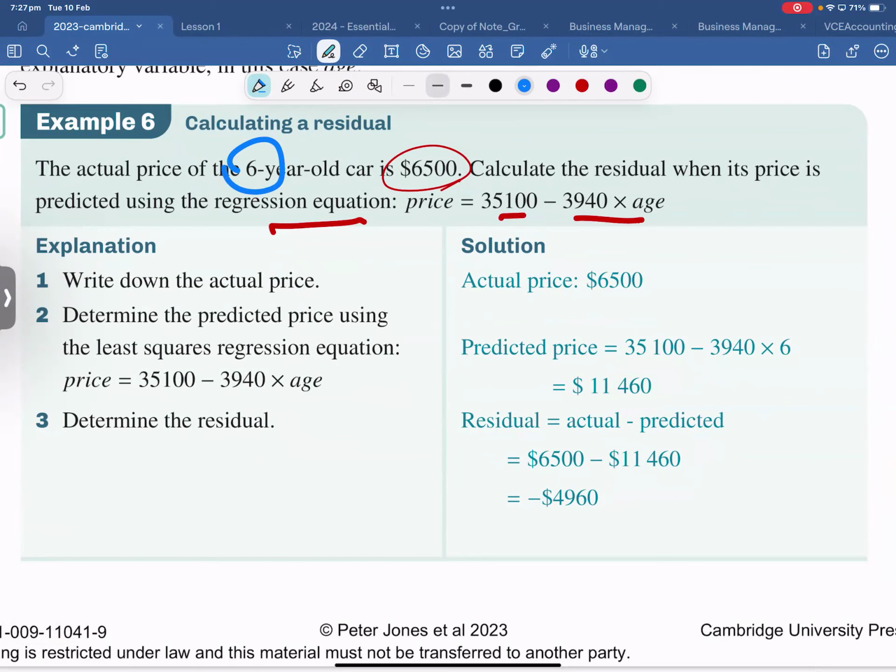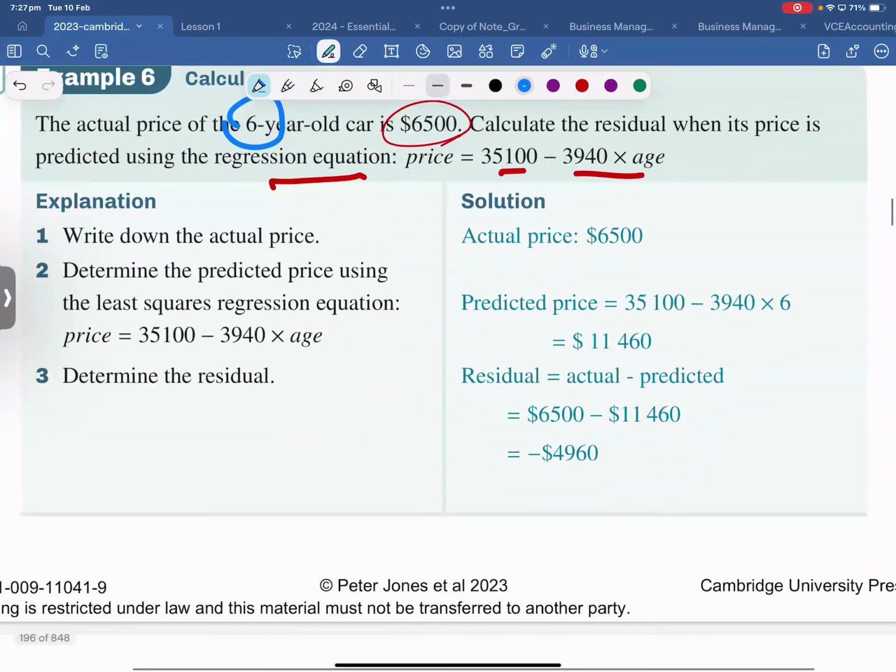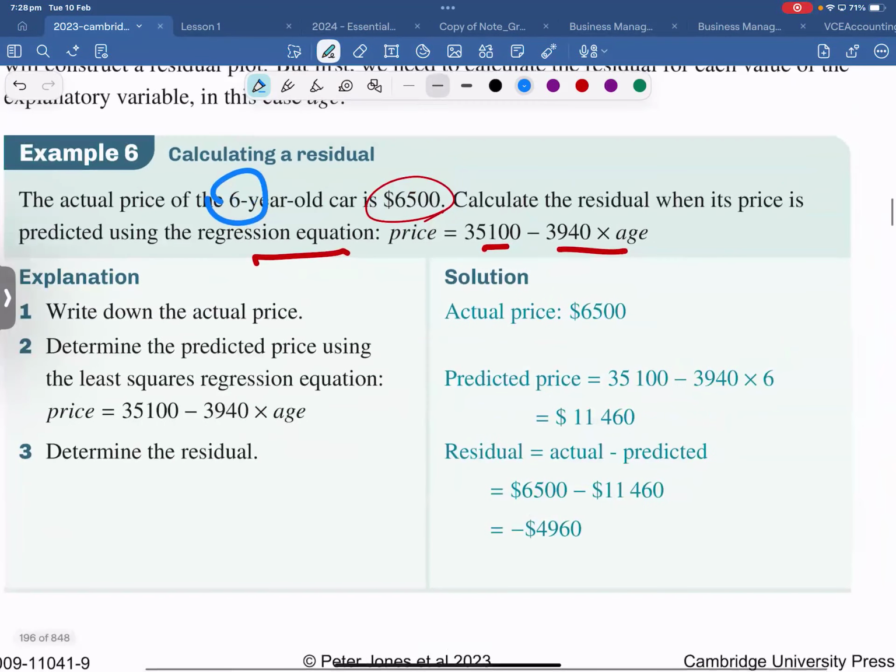6 years, yes. So I told you we are always going to predict the y value, or predict the response or the dependent value, by changing the independent value. So the independent value is 6 years, which is the age. Age is independent. So instead of 8 here, we are going to use 6.